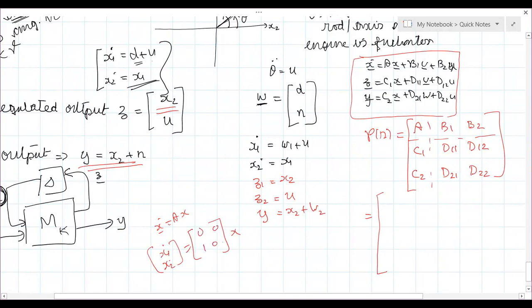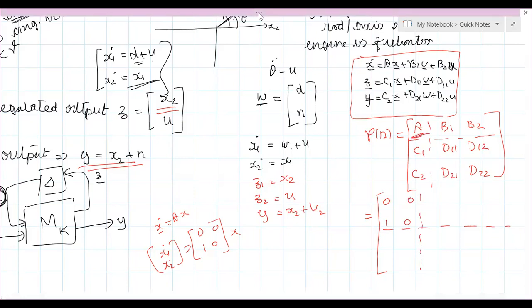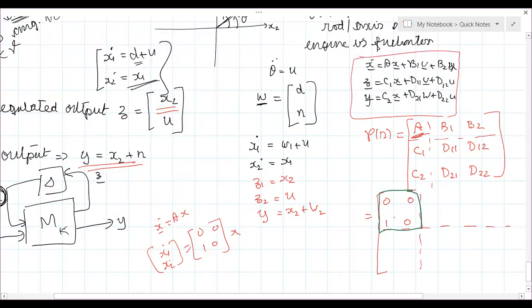So what is A here? 0 0 1 0. That is your A matrix. Got it? Yes, sir. A is this thing. A matrix. Fine.